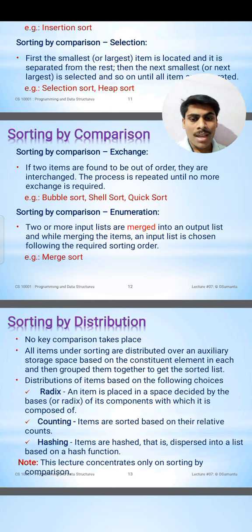Radix: an item is placed based on the radix of its components. Counting: items are sorted based on their relative counts. Hashing: items are hashed into a list based on the hash function.